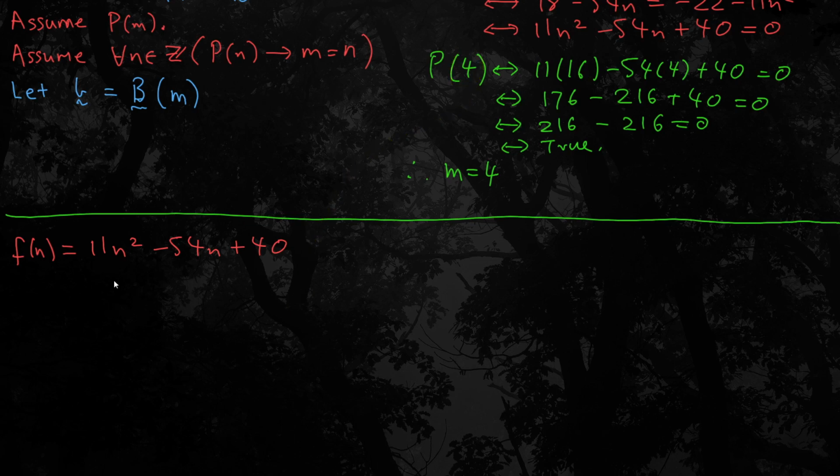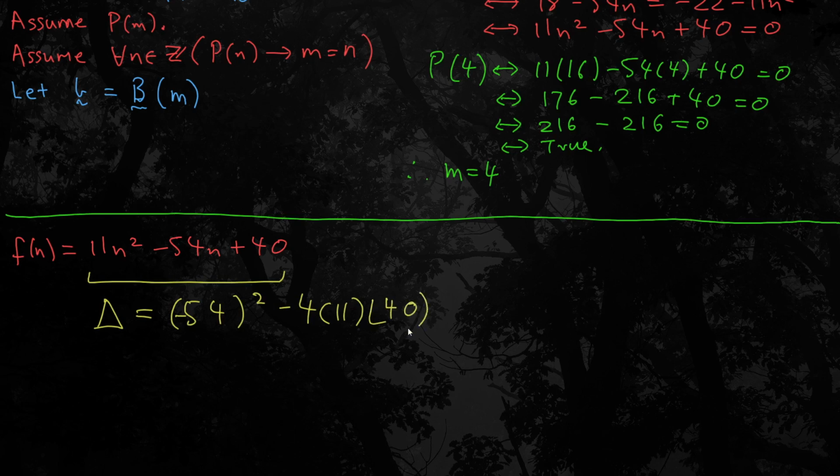So we need to solve this quadratic in order to find that n equals 4 is the only integer solution. And to do that is actually pretty hard without a calculator, right? So you could try computing delta, so that's b squared minus 4ac, and you'll get some god-awful number, some huge number, and then you'll be stuck trying to find the square root of that number.